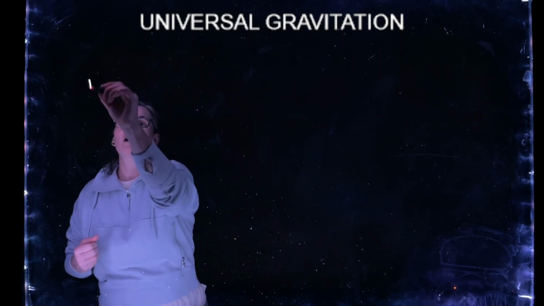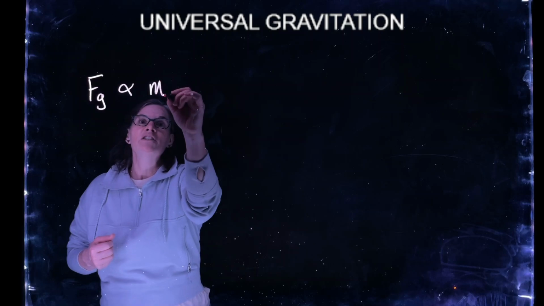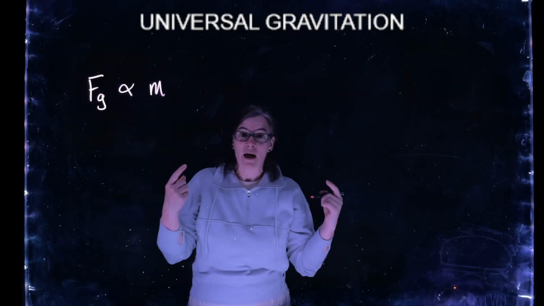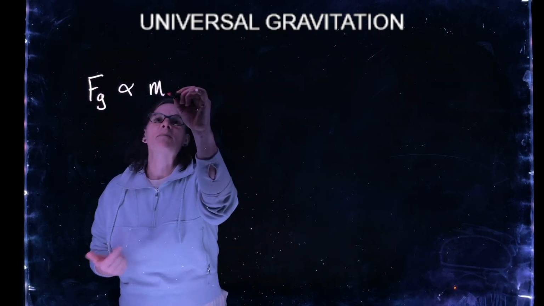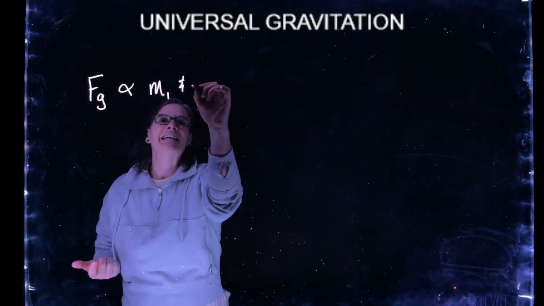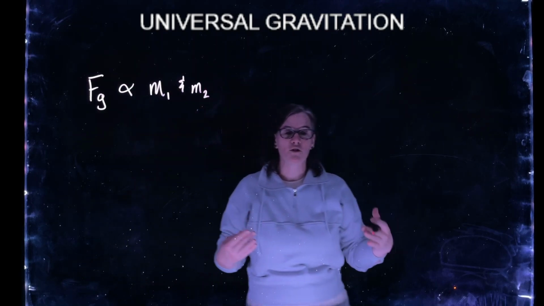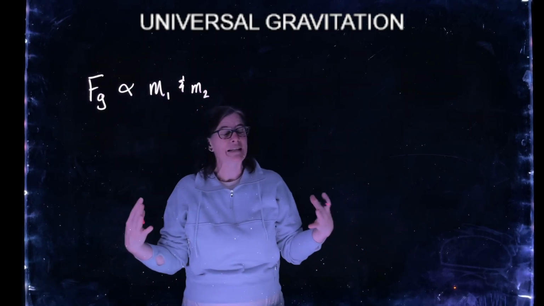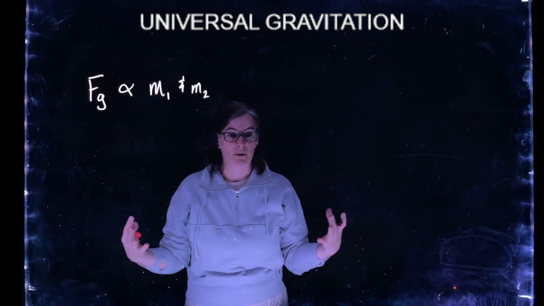The force of gravity between two objects is proportional to the mass of the object and the other object, right? So the mass of object 1 and the mass of object 2. Okay, so it's a force dependent on the masses.